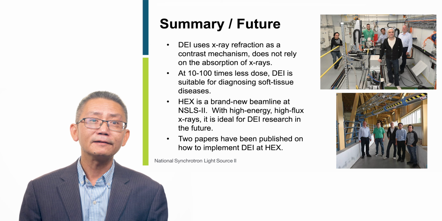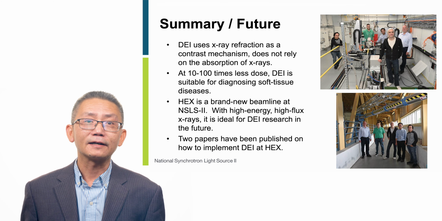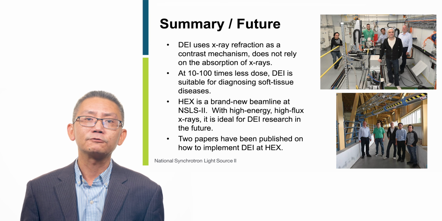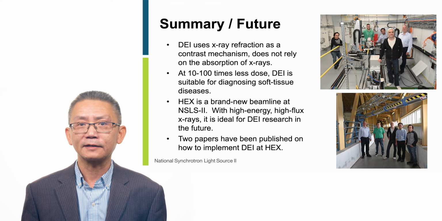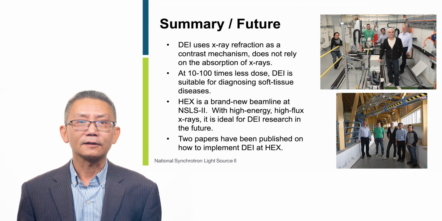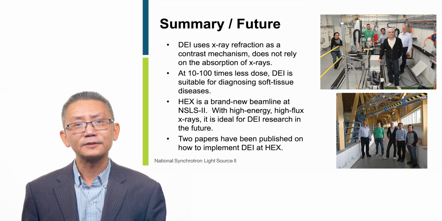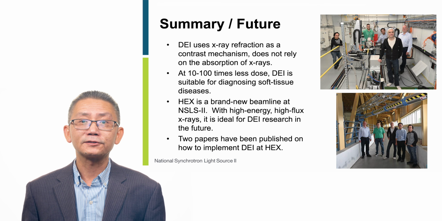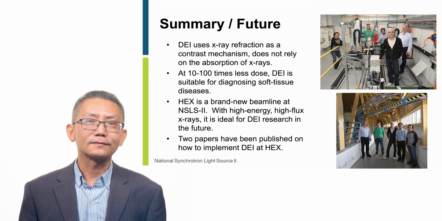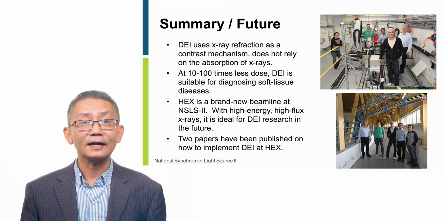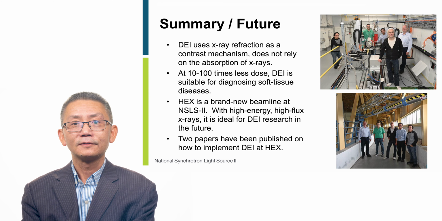So in summary, DEI uses X-ray refraction as a contrast mechanism. It does not rely on absorption of X-rays. At 10 to 100 times less dose, DEI is suitable for diagnosing soft tissue diseases. I run a beamline called the HEX beamline. It's a brand new beamline at NSLS-II.